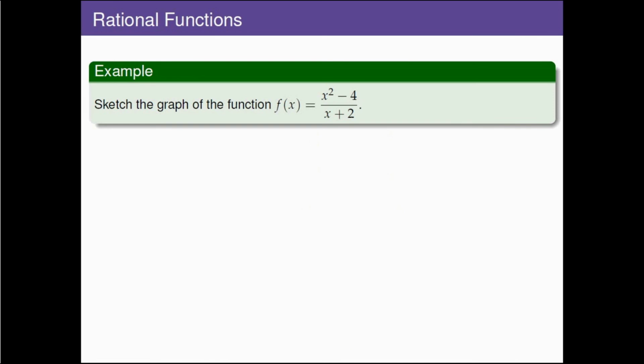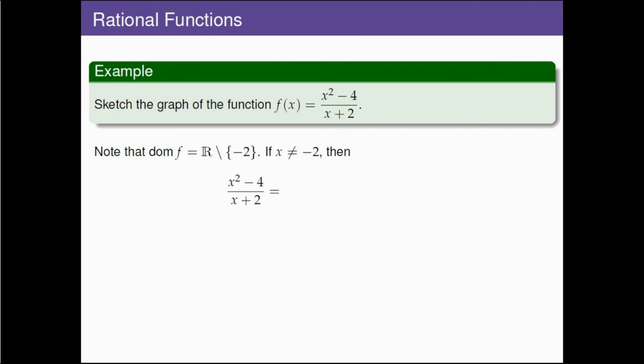Another example, sketch the graph of the function f equals x squared minus 4 over x plus 2. The domain of f is the set of all real numbers whose denominator is non-zero. So R, not including negative 2.